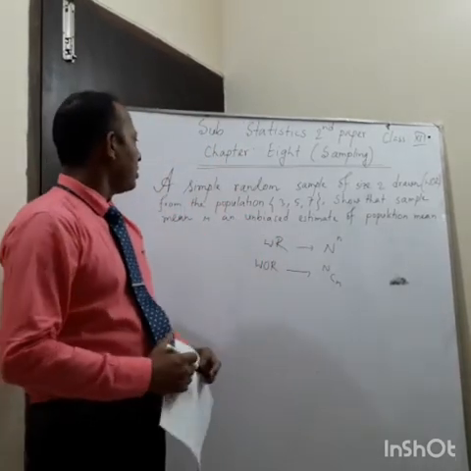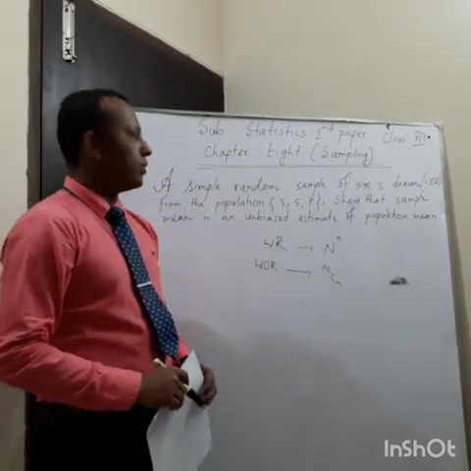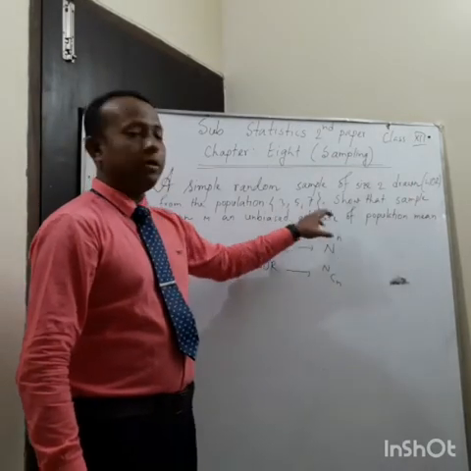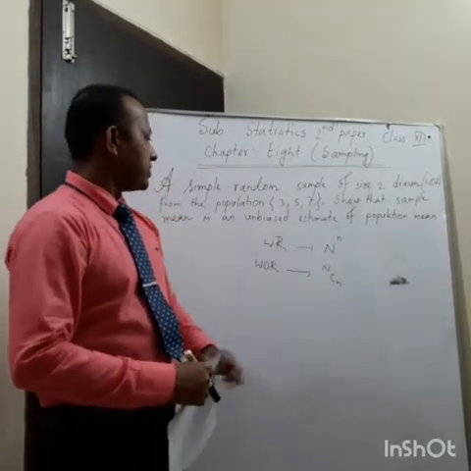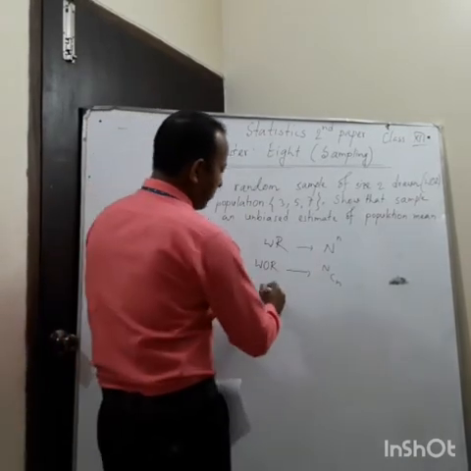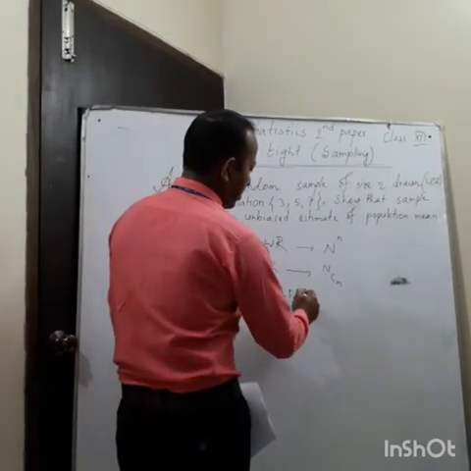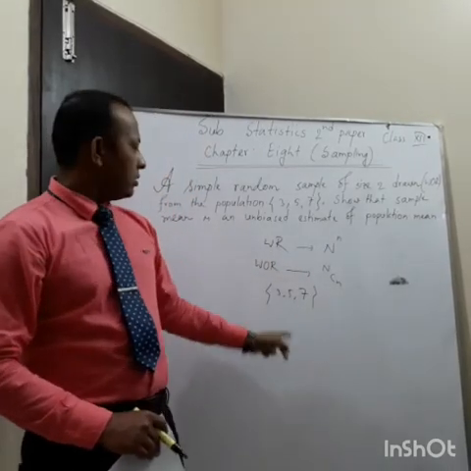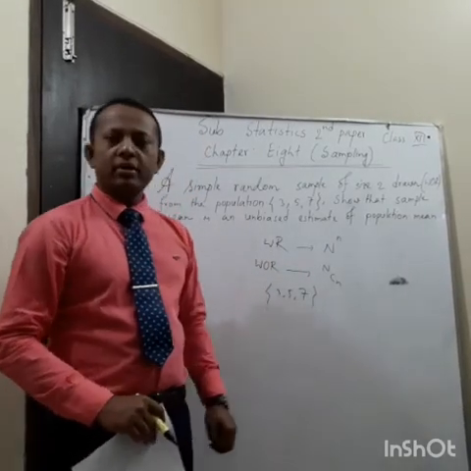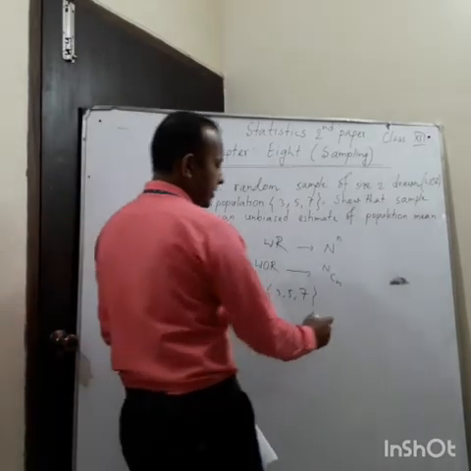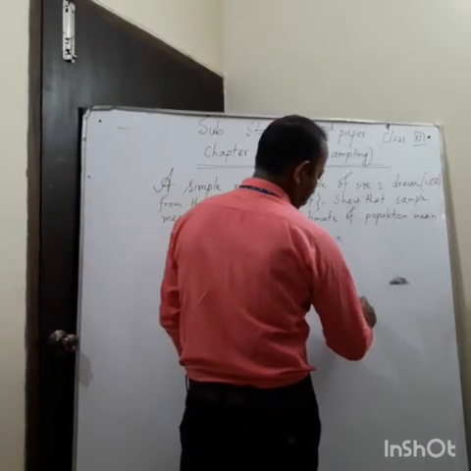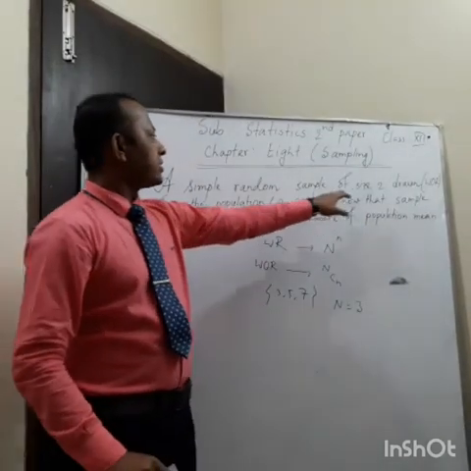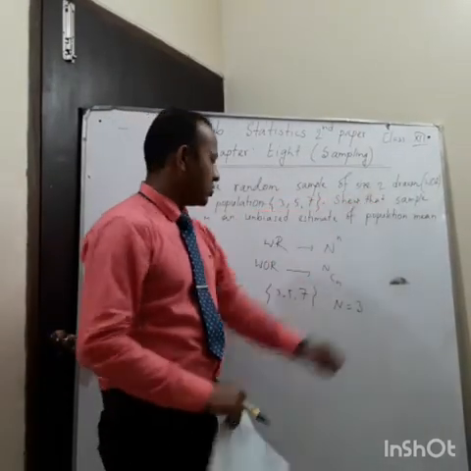Now, from the question we get the population size is 3, because 3, 5, 7 is the population, and here there are 3 elements, so population size capital N equals 3. Again, the sample size is 2.